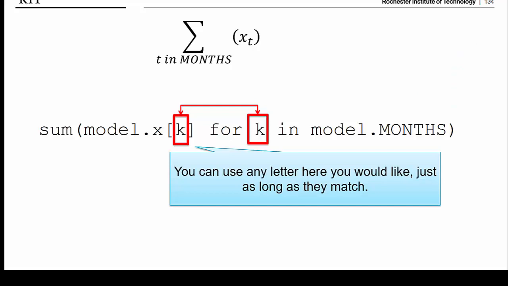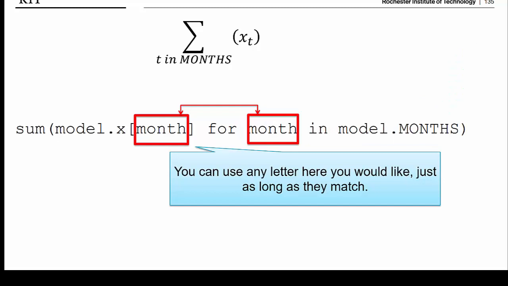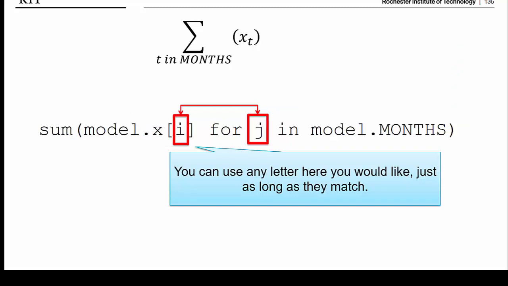We could have used K, that would also work. We could have used something longer like the word month. So it might have said x, and then in square brackets month, and then we would say for every month in model.months. But what we can't do is have them be different. So we can't say x sub i, and then for j in model.months. That's just not going to work.